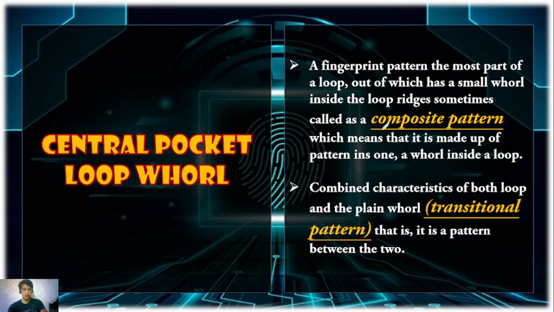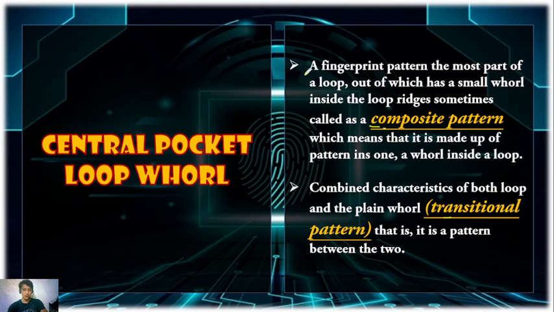Take note that central packet loop whirl is considered to be a composite pattern or transitional pattern. So bakit nasabi na composite pattern yan? Because it is made up of a pattern inside one, or yung pattern nabuo mismo dun sa loob ng isang pattern.